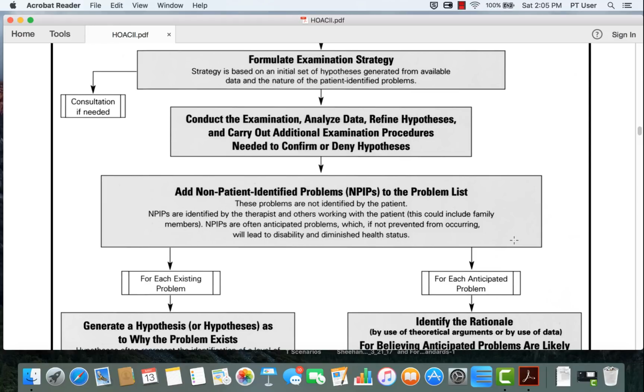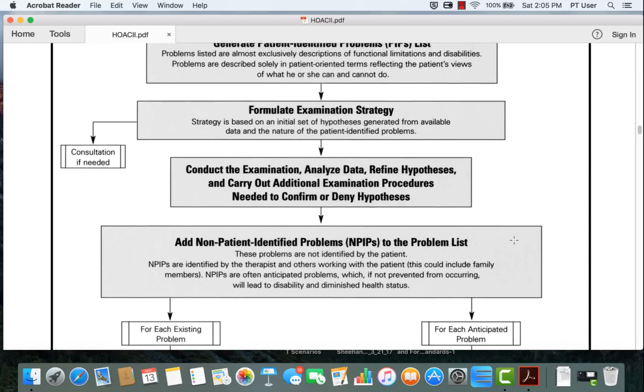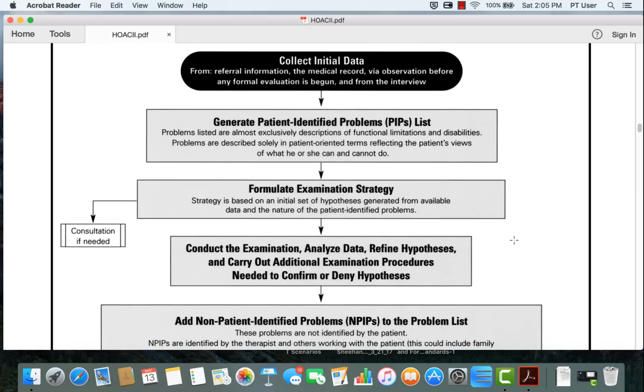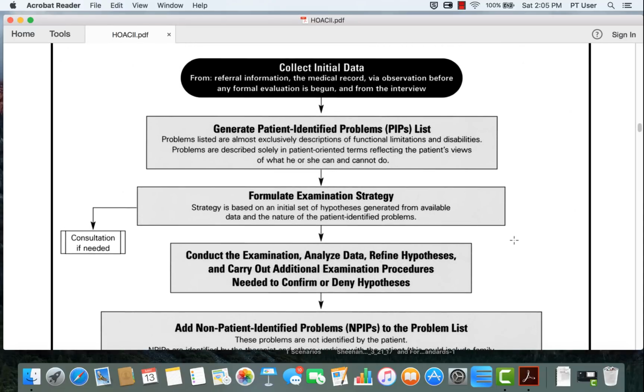So as we move through these next few steps, starting with formulating examination strategy, one of the things that's key to this model and why we emphasize it is everything you do in terms of the steps of your exam should fall out of what's most important to the patient.